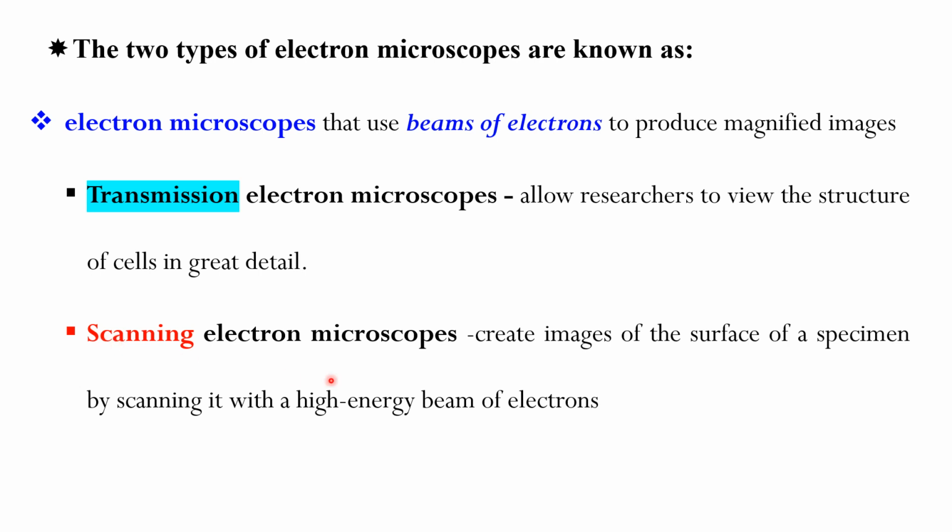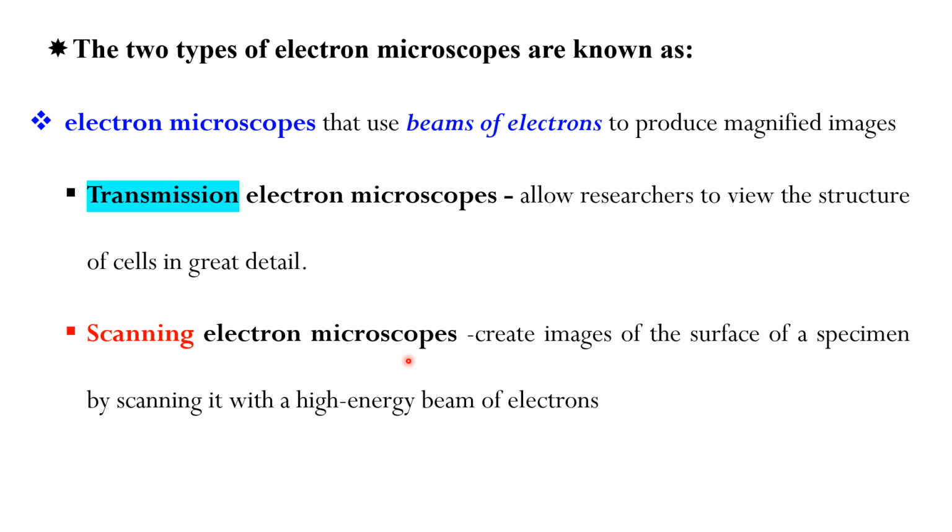The second one is the scanning electron microscope. It creates an image of the surface of specimens by scanning it with a high energy beam of electrons.